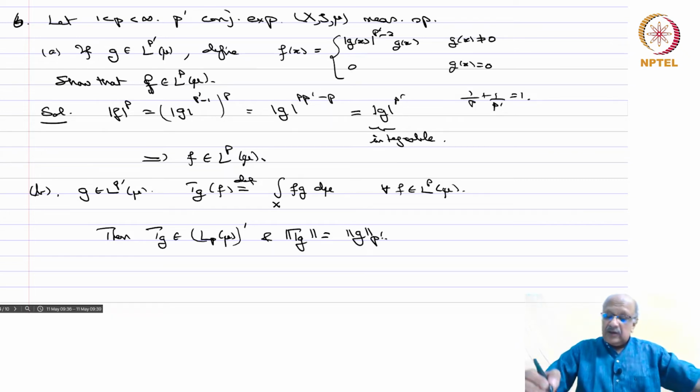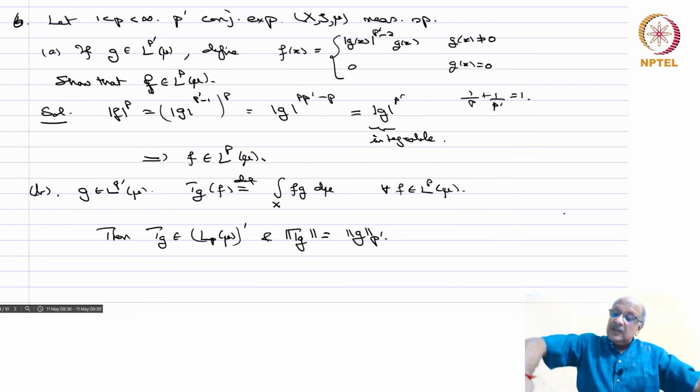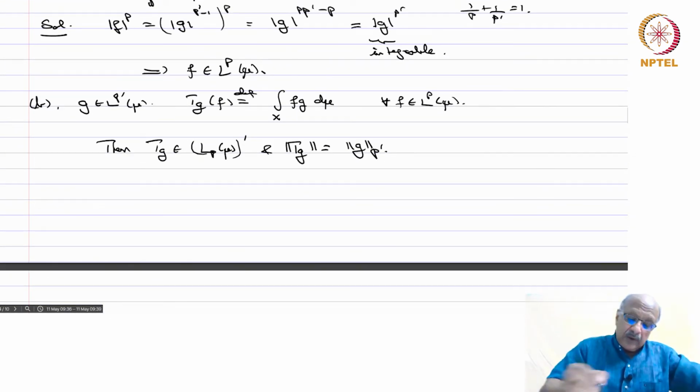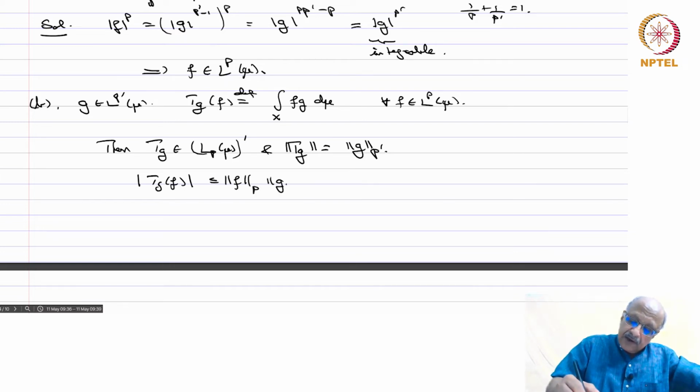You remember we did this with lot of lemmas in the case of finite measure spaces. Okay, so now we are doing it in the general case. Okay, so we have mod T_g(f) is less than or equal to norm f_p norm g_p dash. This is Hölder's inequality.